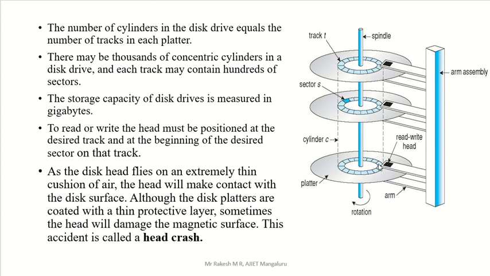There is a protecting layer on the platter, on both the upper side and the lower side, but even then sometimes there may be a chance of damage because of this head. That damage is called a head crash.